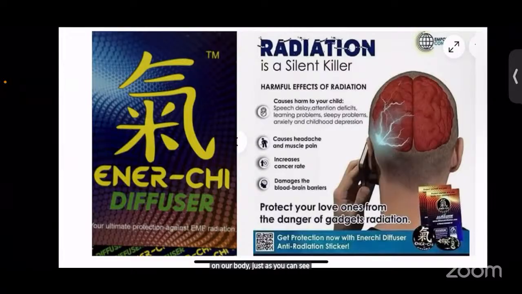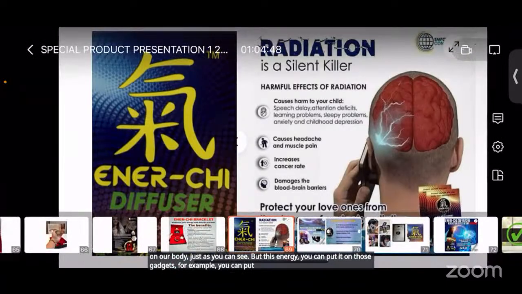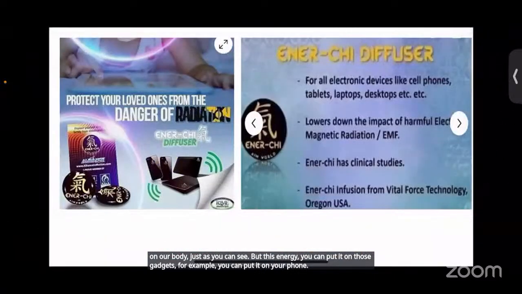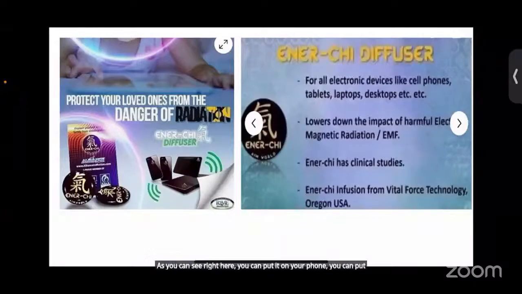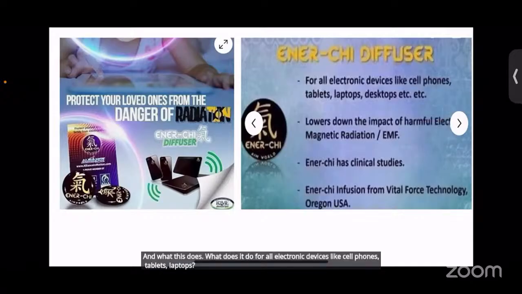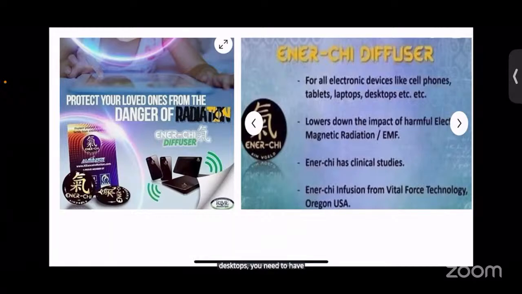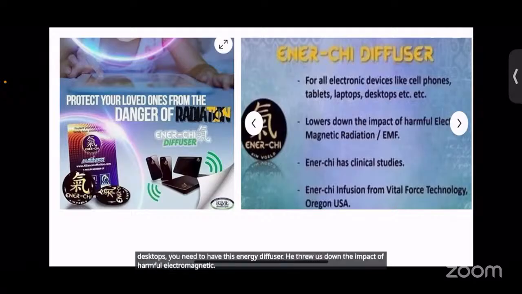But this energy diffuser, you can put it on those gadgets. For example, you can put it on your phone, as you can see right here, you can put it on your computer. And what does it do for all electronic devices like cell phones, tablets, laptops, desktops? You need to have this energy diffuser. It lowers down the impact of harmful electromagnetic radiations.